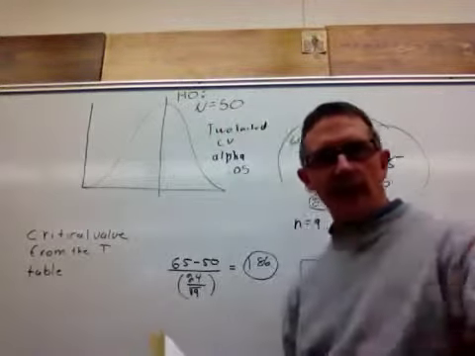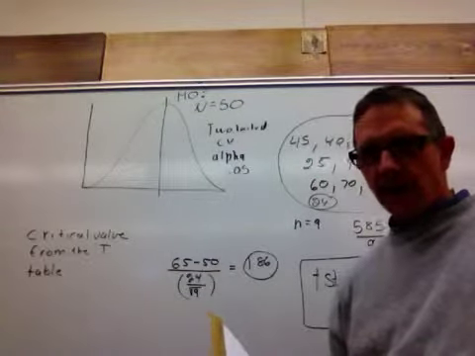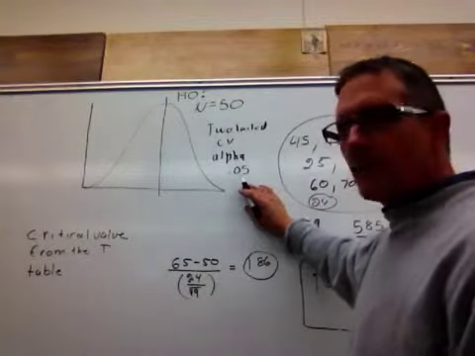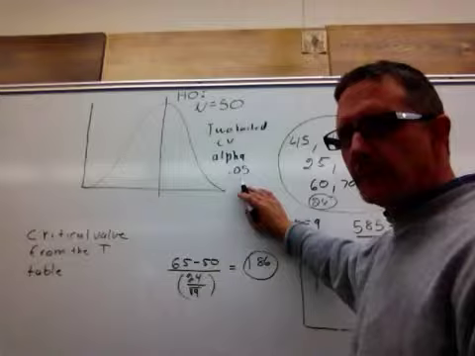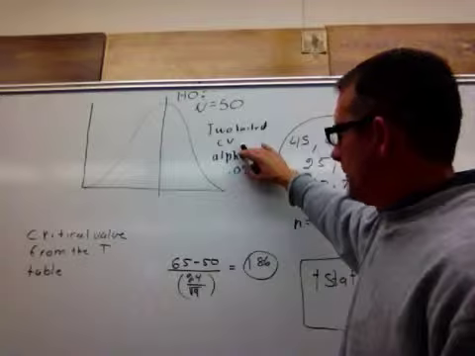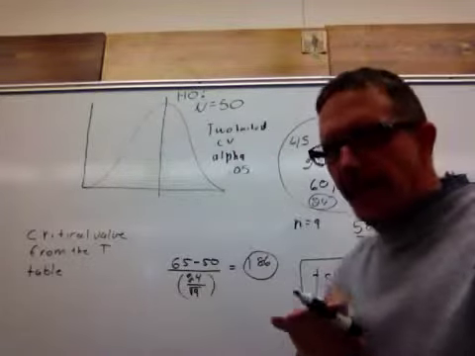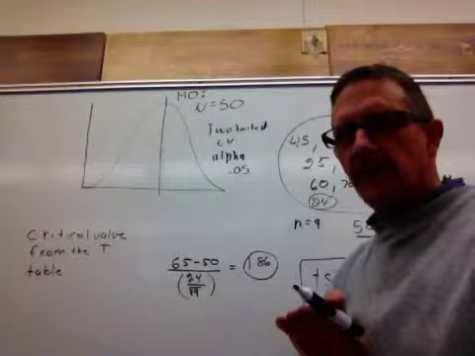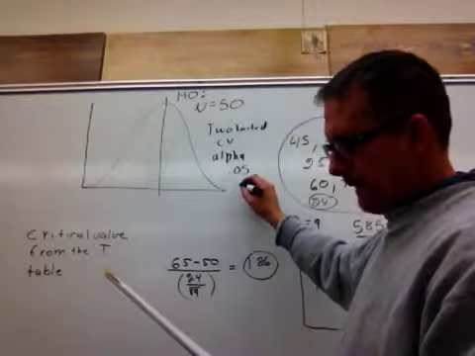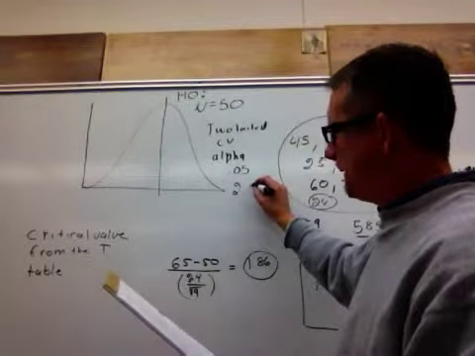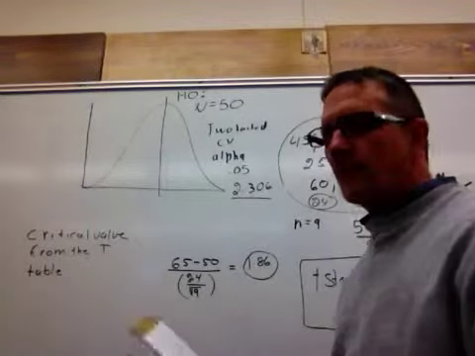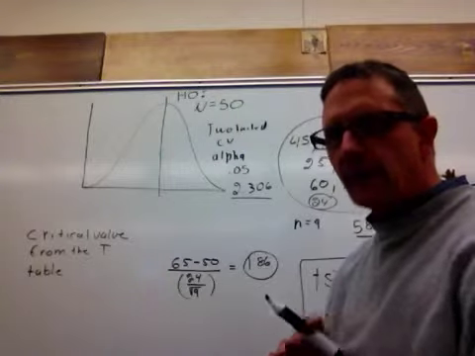I think that's the same alpha that I gave you in the problem dealing with the Auburn test scores. So if I look for an alpha of 0.05, I find that my critical value with 8 degrees of freedom, remember degrees of freedom is equal to sample size minus 1, is 2.306. So I find the critical value from the t-table.